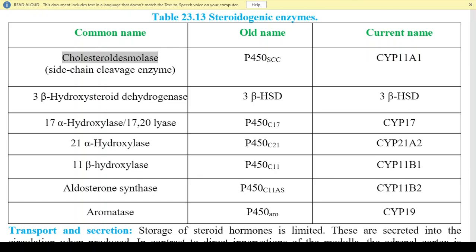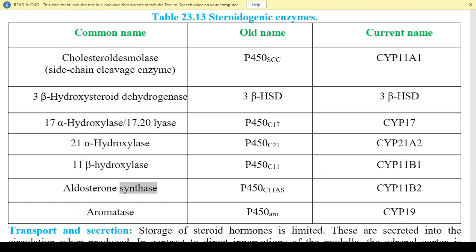Cholesterol desmolase, side chain cleavage enzyme, P450SCC, CYP11A1. 3-beta-hydroxysteroid dehydrogenase, 3-beta-HSD. 17-alpha-hydroxylase/17,20 lyase, P450C17, CYP17. 21-alpha-hydroxylase, P450C21, CYP21A2. 11-beta-hydroxylase, P450C11, CYP11B1.